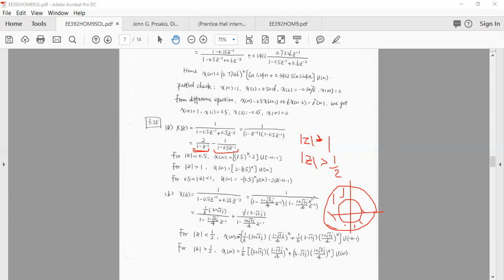So basically, it is a combination of the anti-causal signal of this particular term and the causal signal of this particular term. The anti-causal signal of this term would be minus 2 u of minus n minus 1, right? And the causal signal of this term would be negative of 0.5 to the power of n, right? So these are the three possible signals that are going to give us this Z transform.